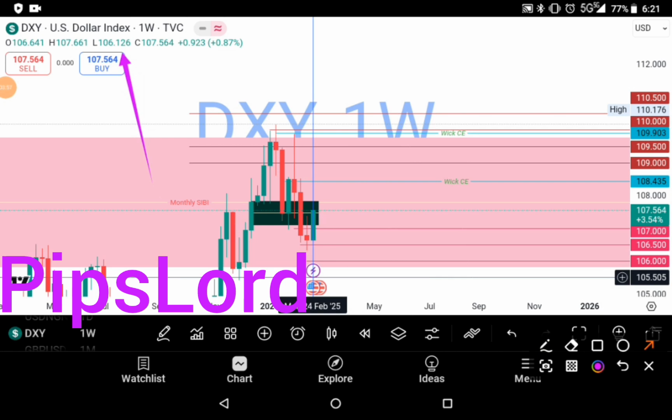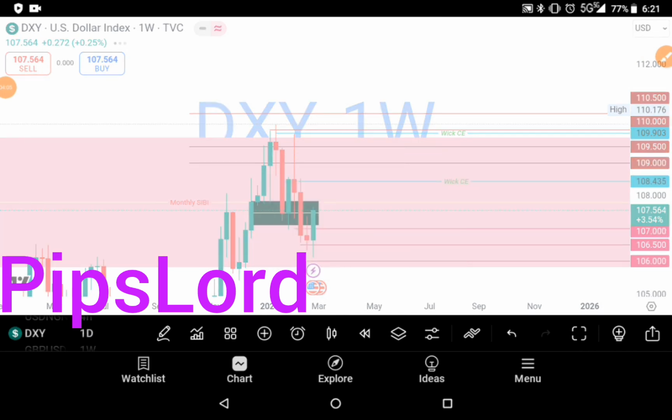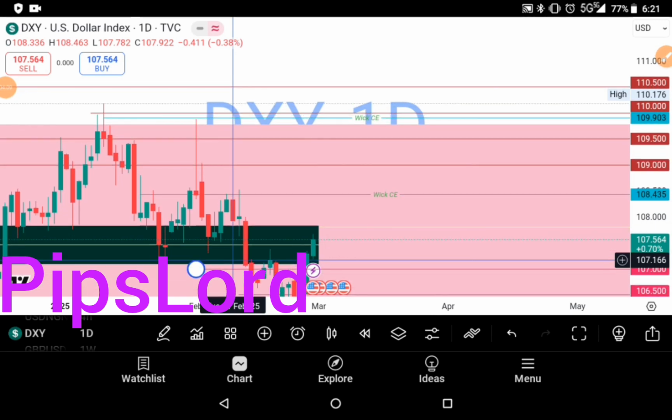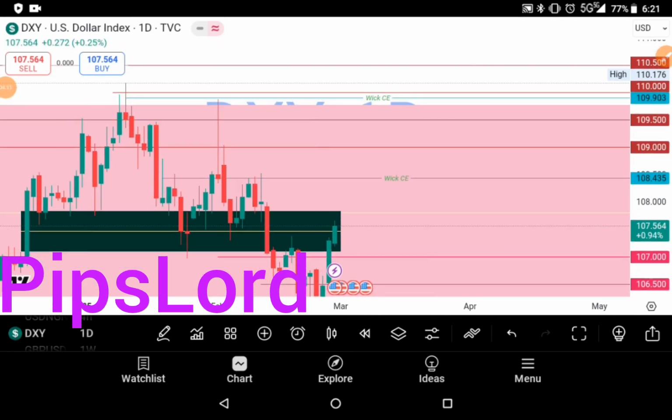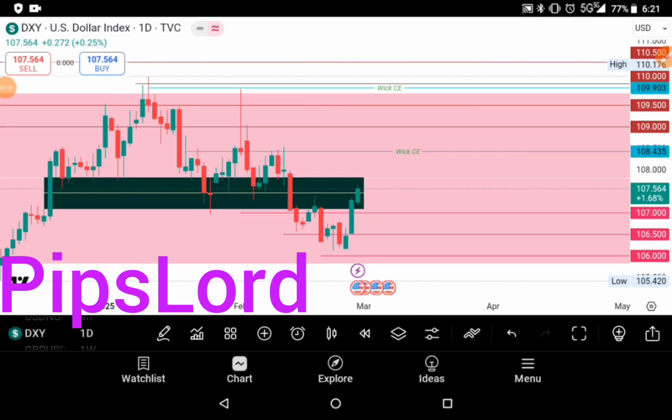So the 106 big figure was just short by a few pips. So let's go to the daily chart. As long as the market price stays below the higher time frame CB, I'll be watching for the 106 big figure.